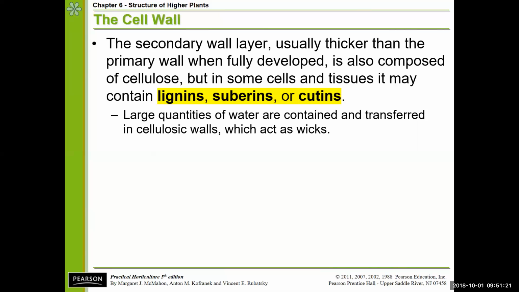By higher, I mean taller plants, like trees. You couldn't have trees without lignans, suberins, and cutins. When you cut a branch or remove a tree, these are the enzymes that are utilized to begin the healing process.